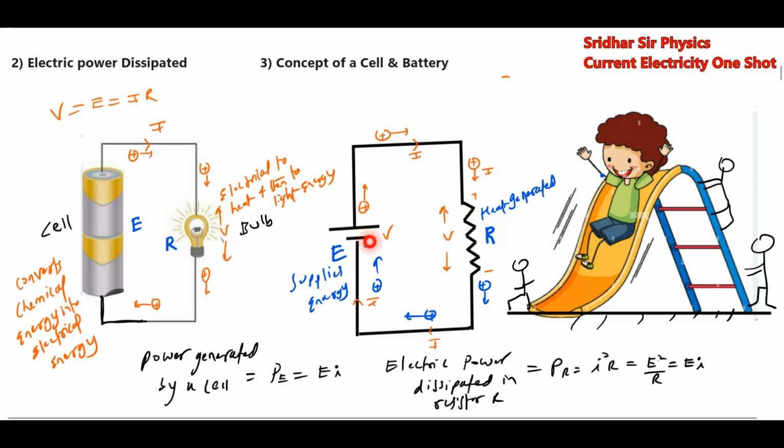The cell will convert chemical energy into electrical energy, and that electrical energy will be carried by the charge, and the resistor will convert that electrical energy to thermal energy. This is how the energy conversion occurs. So the power dissipated in the resistor and the power generated by the cell, these are the formulas.